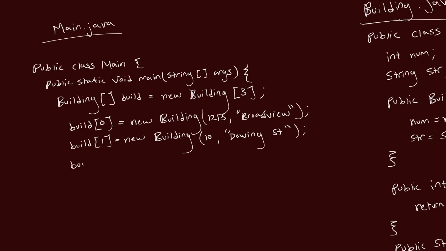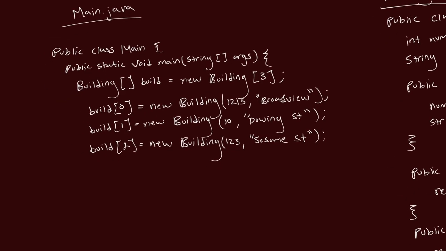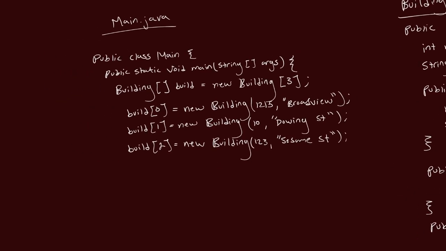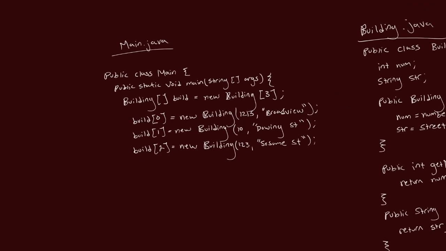Then we'll do build[2], that's the last index of our array. It'll be equal to new Building, and this will be 123. All right, there we go. So this is how you can turn your building class into an array.